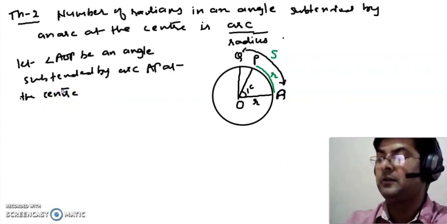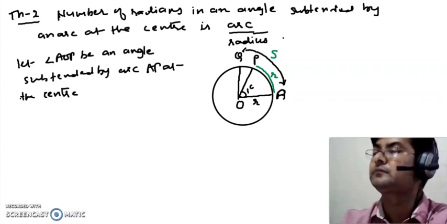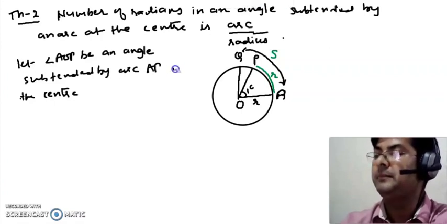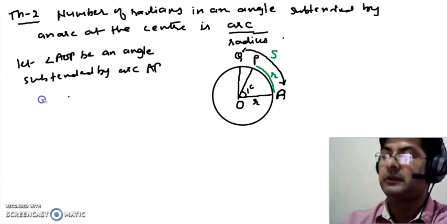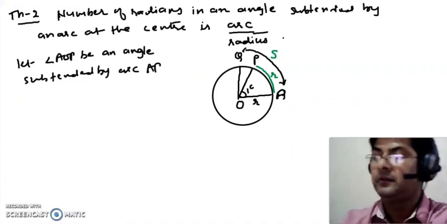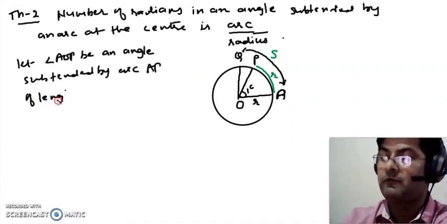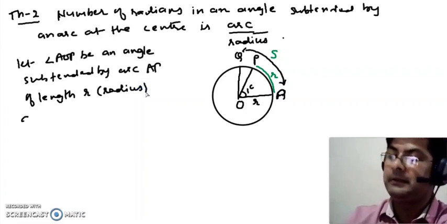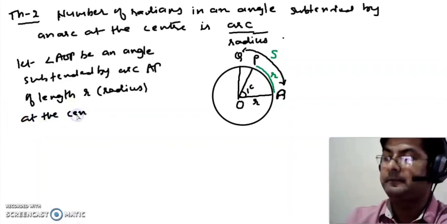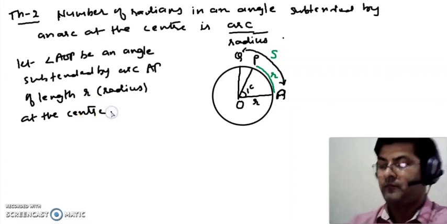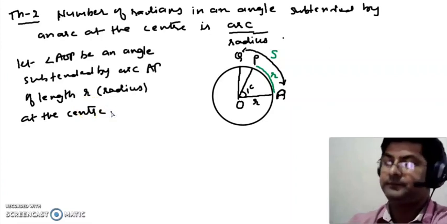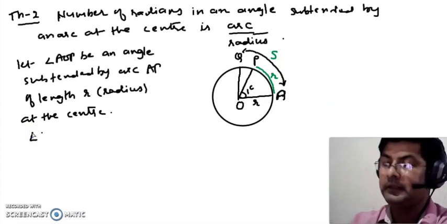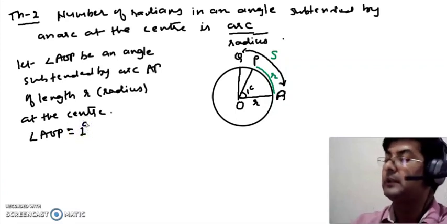Arc AP is of length R, the radius, subtended at the center. Therefore angle AOP measures 1 radian.